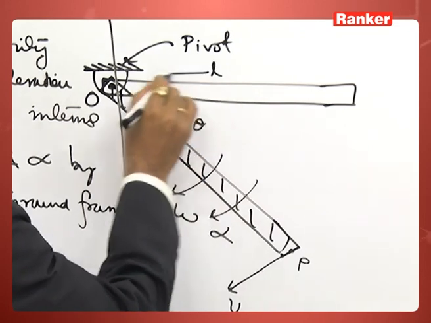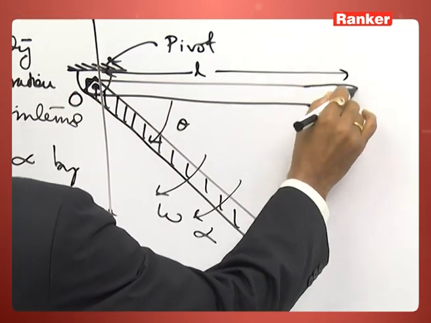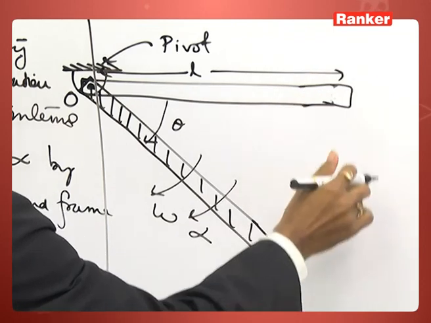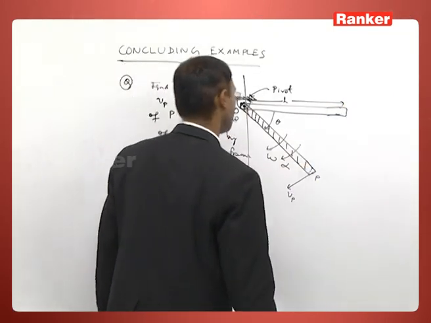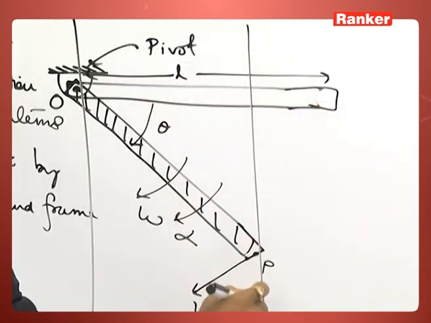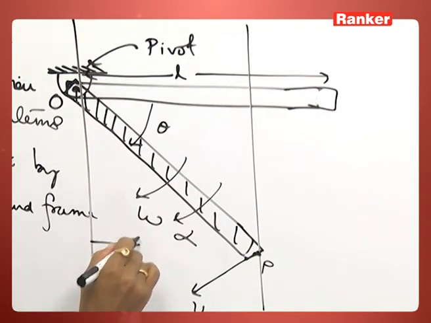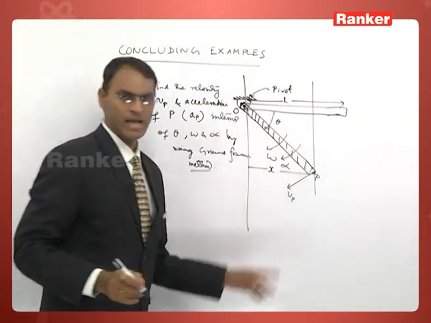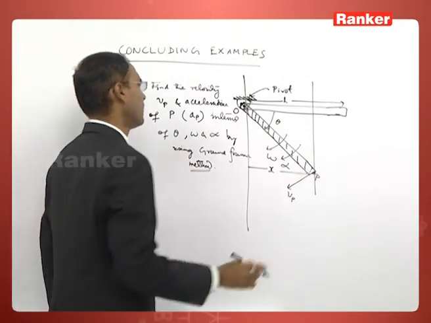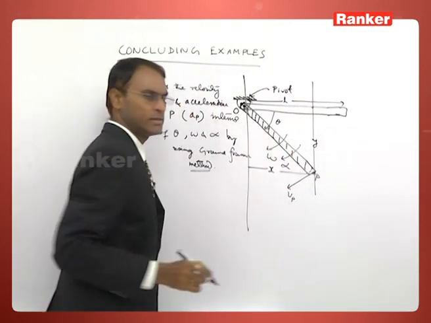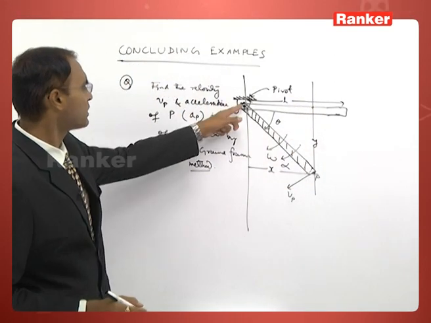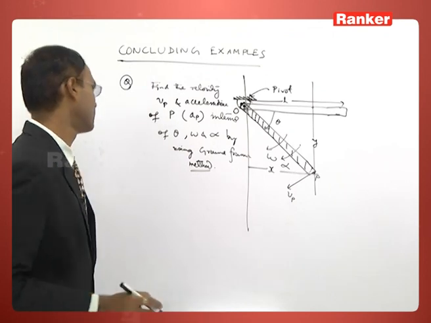If L is the length of the rod, the initial position is the final position. This point P has an x coordinate, so also a y coordinate, with respect to this pivot or origin.